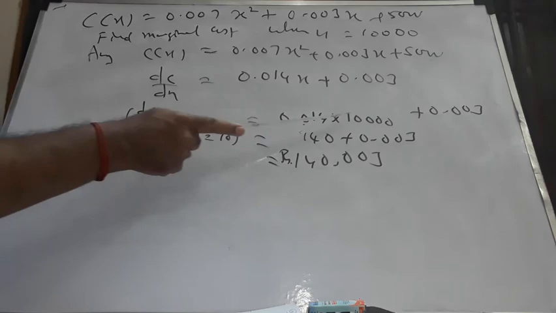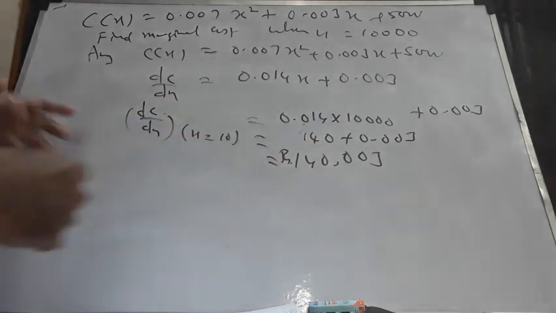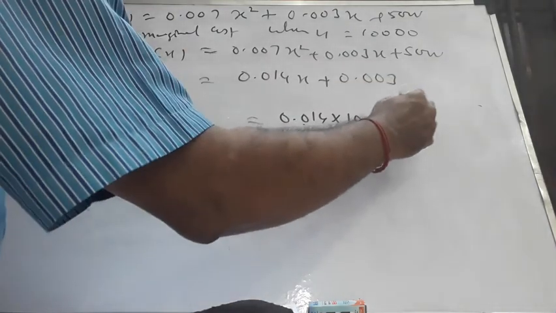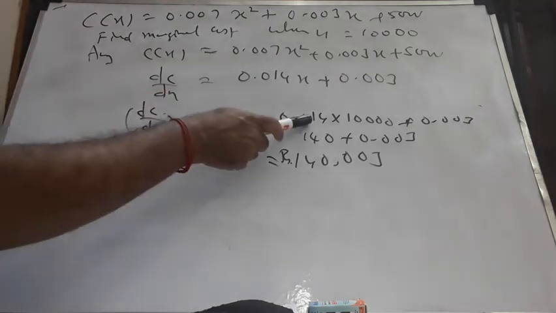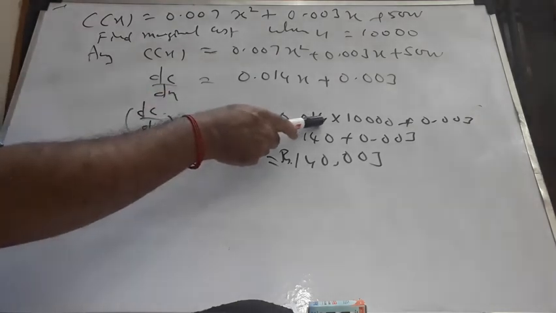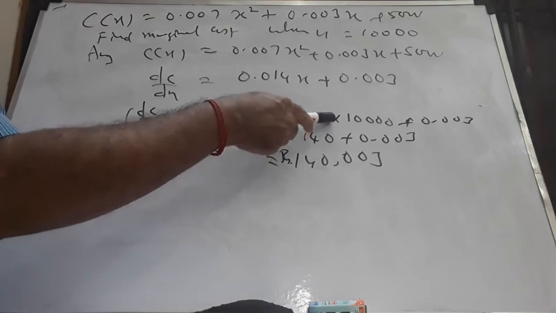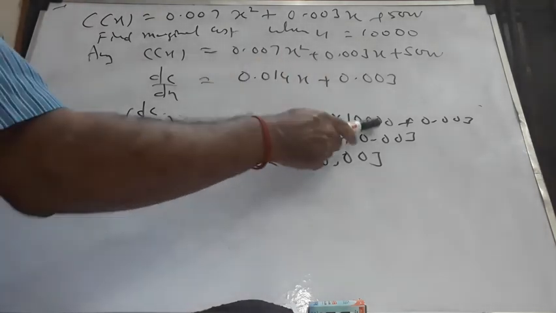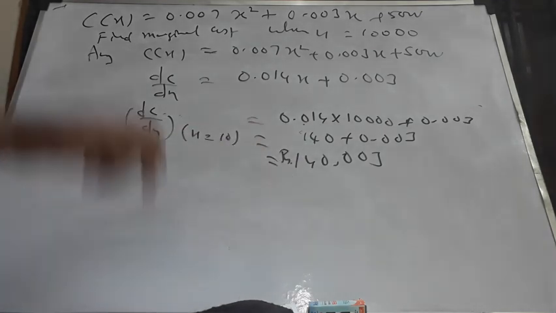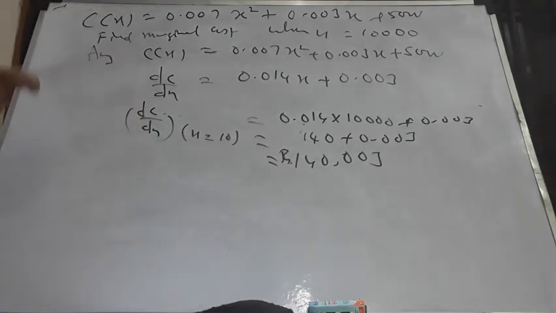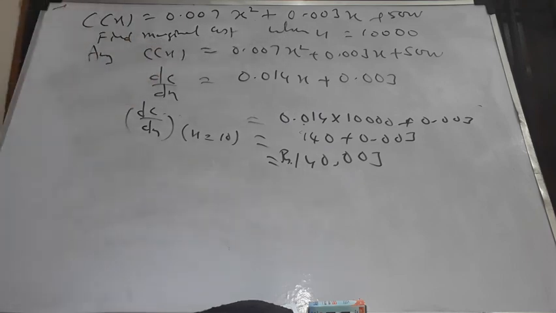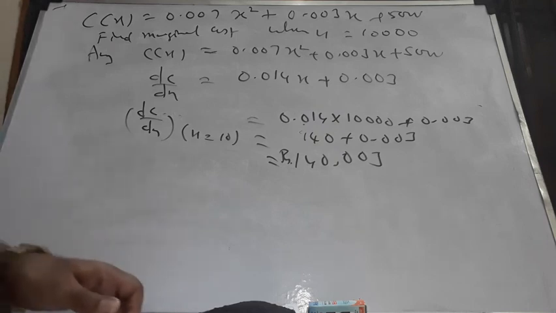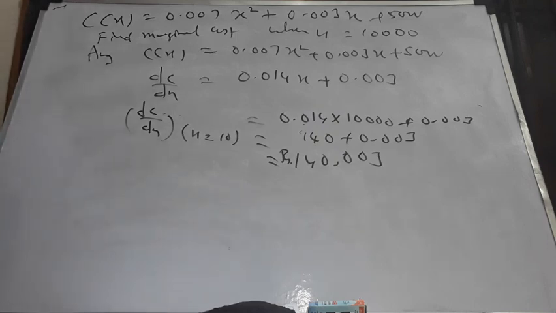Multiplication by 10 gives you 0.14, 100 gives 1.4, 1000 gives 14, and 10,000 gives 140. Therefore, rupees 140.003 is the marginal cost when 10,000 units are produced. We'll continue in the next video.